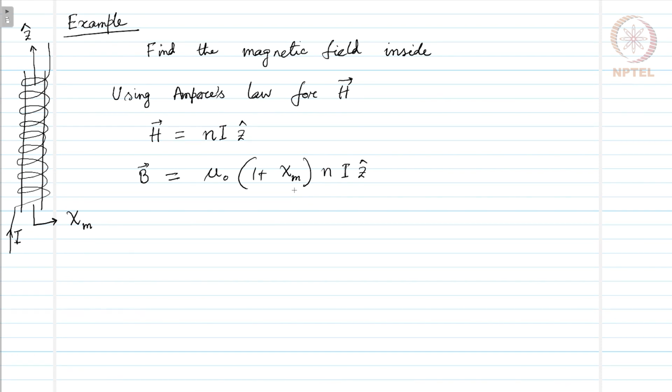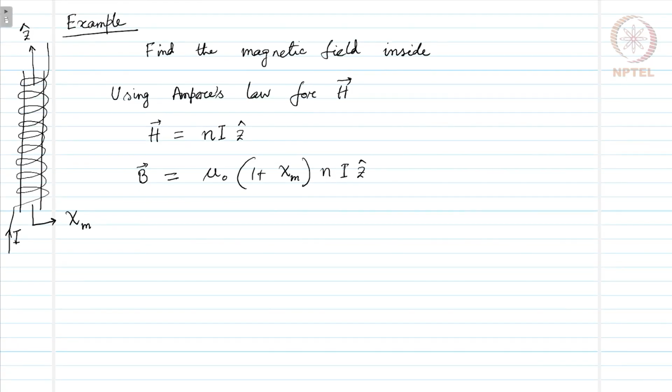So, with this as the expression for the magnetic field, we will have uniform magnetization in this system, because the magnetic field is uniform and it is a linear medium. So, the magnetic polarization is also going to be uniform, and for uniform magnetic polarization we have seen that there is no bound volume current density.